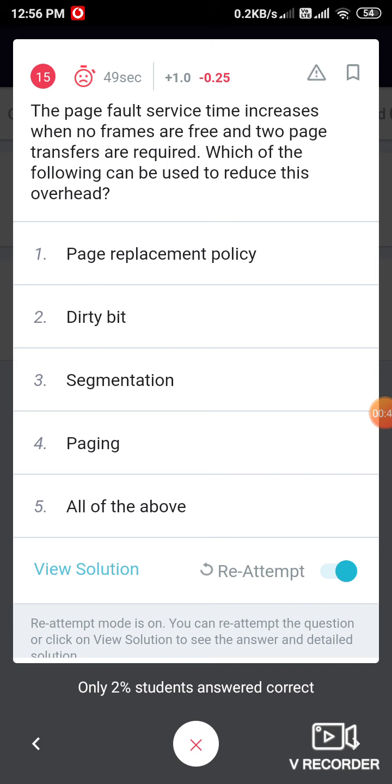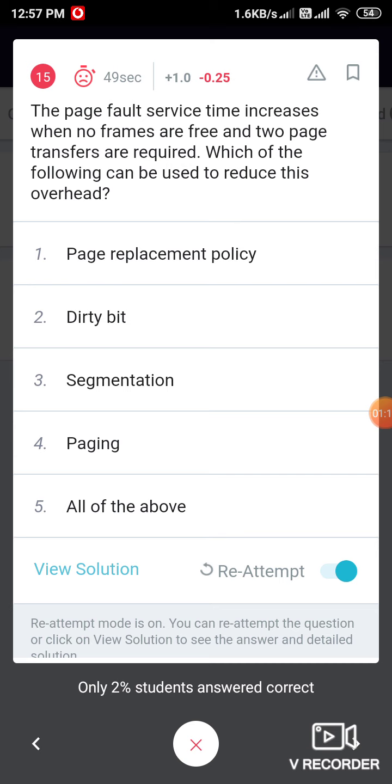Paging is a concept used in operating systems. It is an important concept of operating systems. It is a memory allocation technique. In memory management there are two types of memory management techniques: first is fixed memory management and second is dynamic memory management.